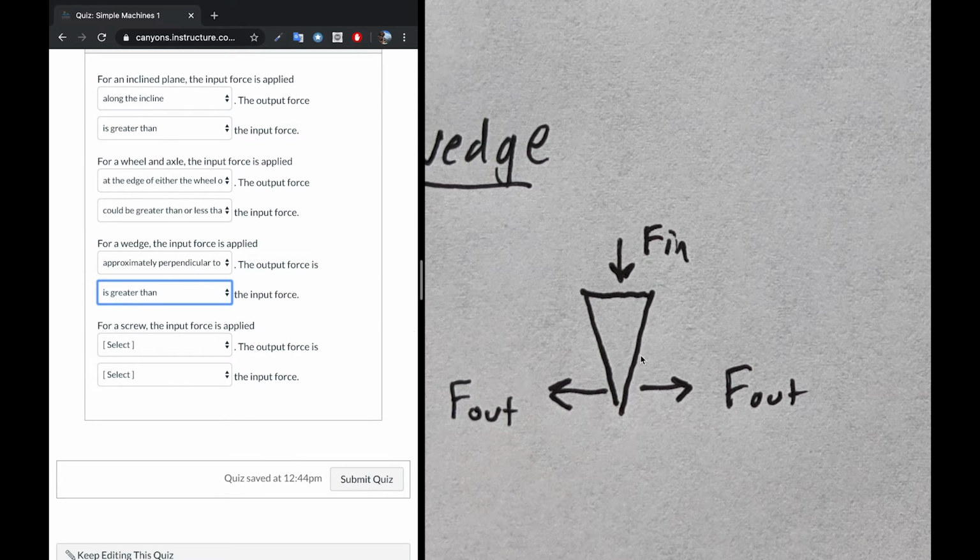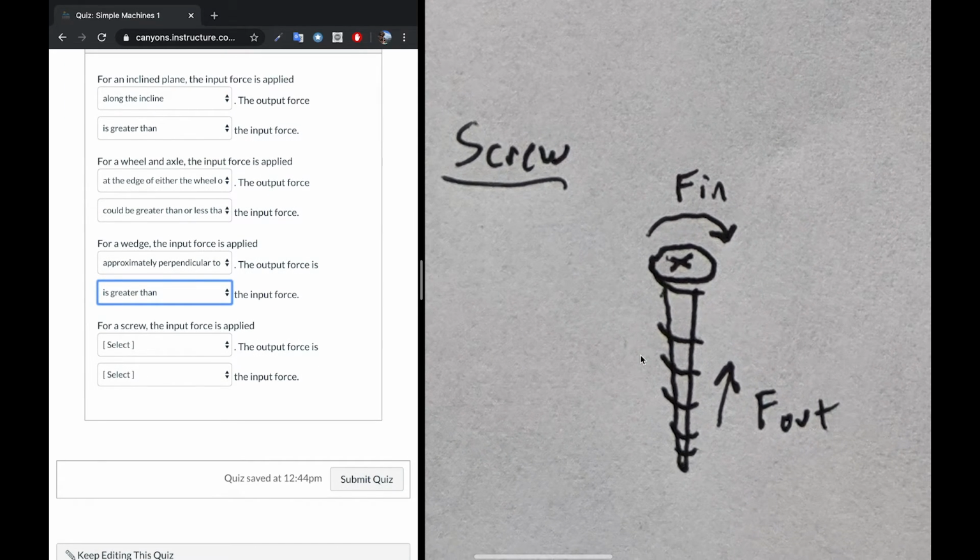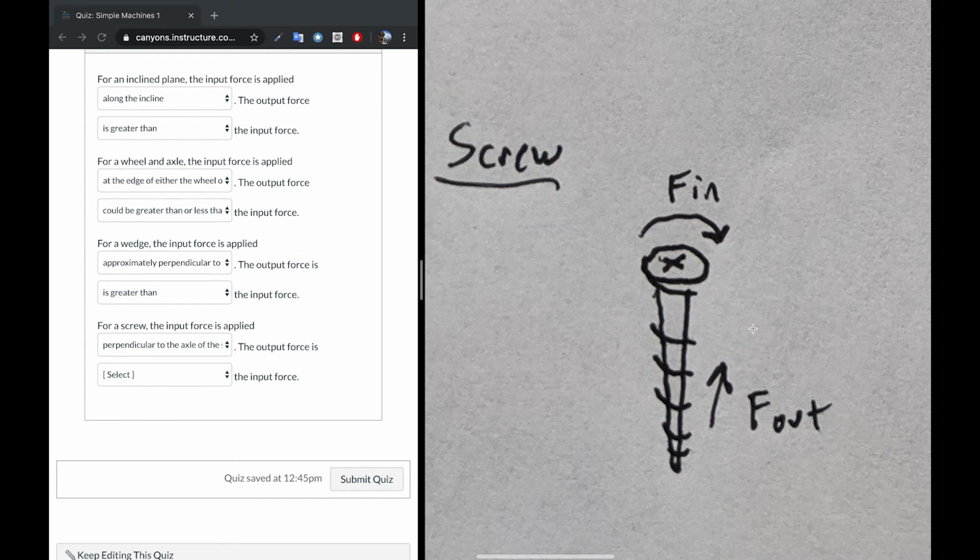Okay, and then the last one is a screw. So with the screw, you're applying a rotational force, but that force is going to be basically perpendicular to the axis of the screw. So the axis of the screw is up and down, and then you're applying a force along this perpendicular plane in a rotational manner. And then the output force is upward, which seems weird. Like, well, if the force is up, why is it going into the board or whatever?